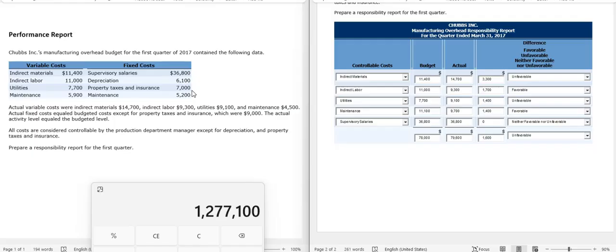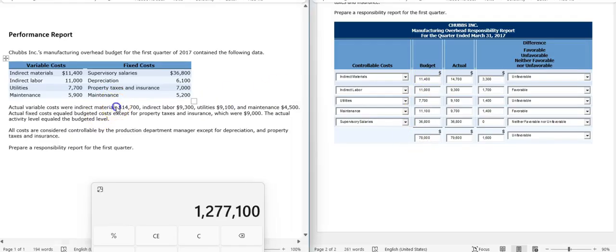We only want to evaluate based off of what costs the supervisor has control over. When we prepare a responsibility or performance report for a full balance sheet or a full income statement, we can include all costs. But here we're only going to include some costs that this particular manager had control over. So we have the budget for that level of activity on this report.